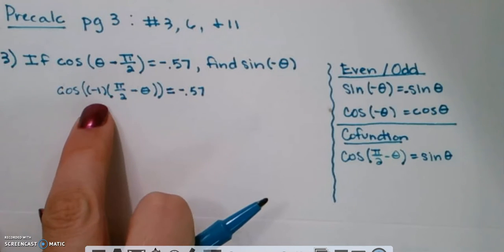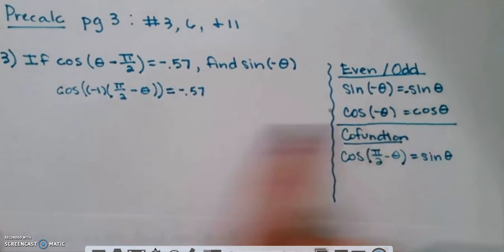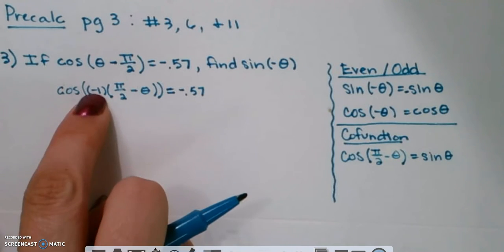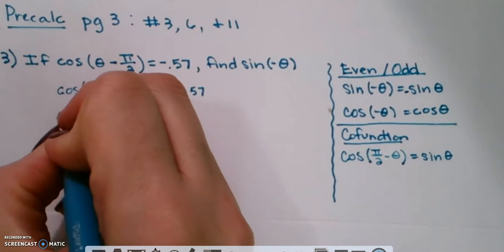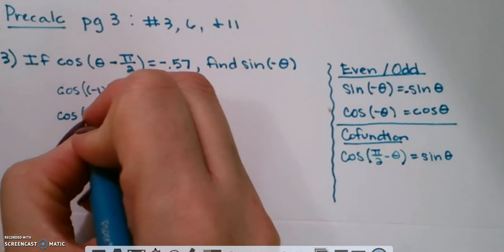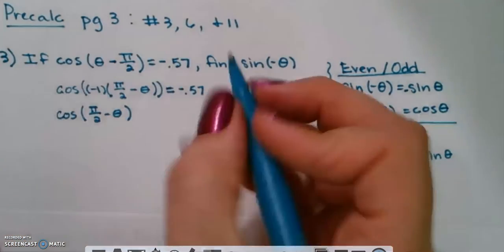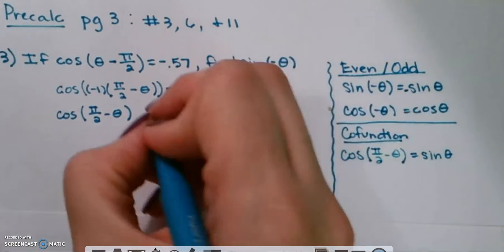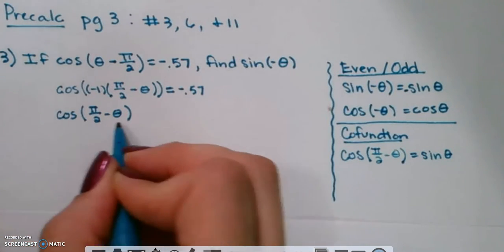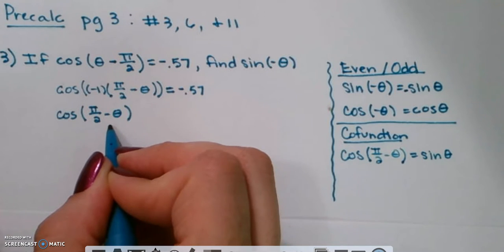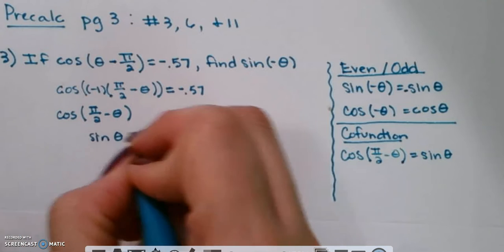And because cosine is even, the cosine of a negative anything is the same thing as the positive cosine of the same angle. So that means that negative sign goes away. And this is your cofunction identity, and that can be rewritten as sine of theta.